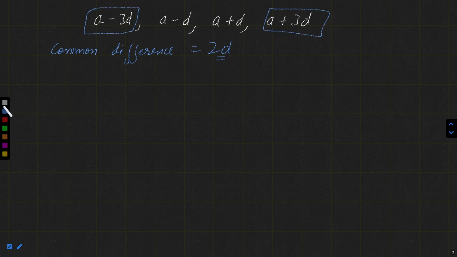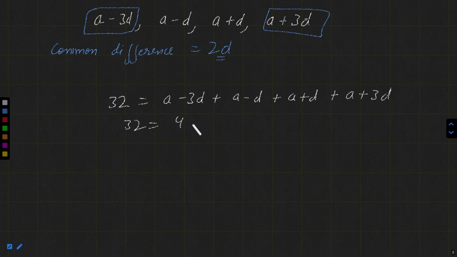Clear? And we know from the question that if I sum all of these terms, I will get 32. Yes or not? Yes. a minus 3d plus a minus d plus a plus d plus a plus 3d. If I solve this, then I will have 4a equals 32, which further gives me a is 8.